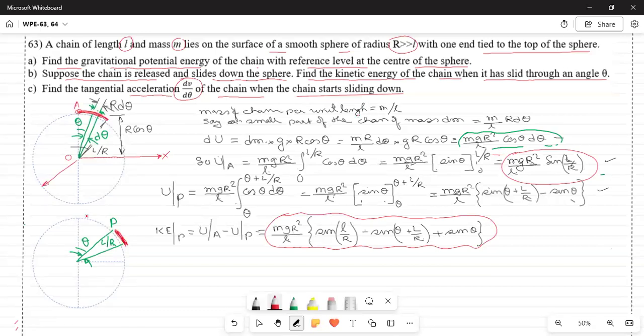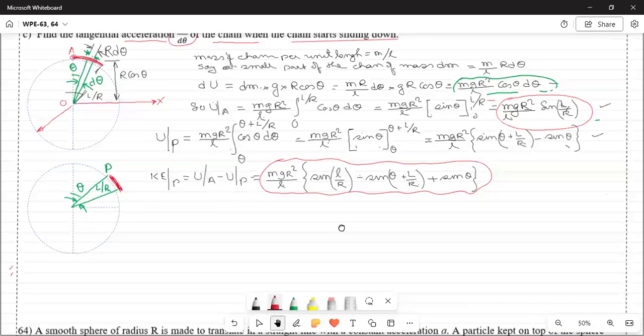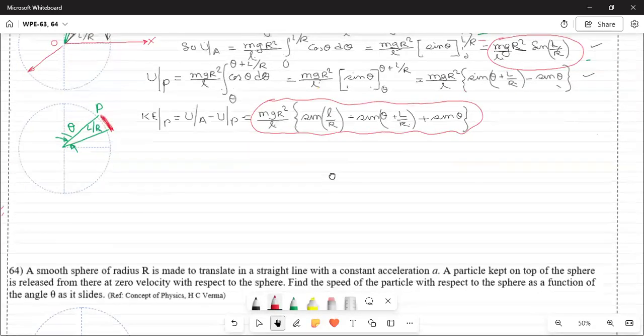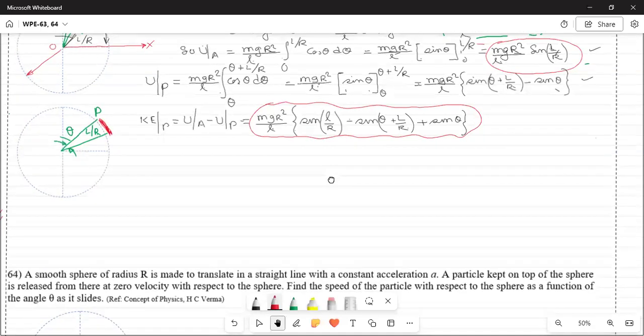That means when the chain has just started sliding down from the top, what is its tangential acceleration? Now, let me make a little space in the board.